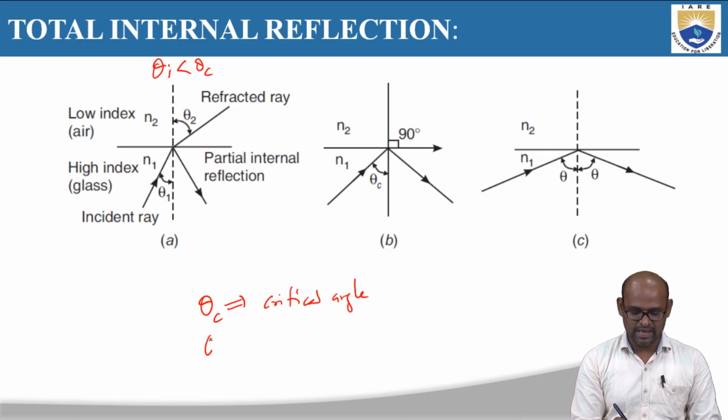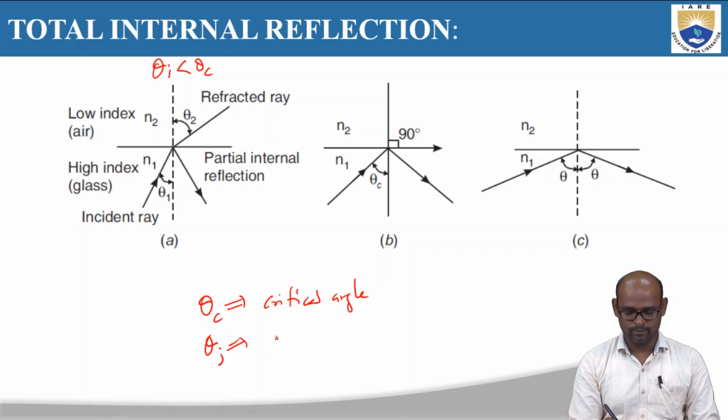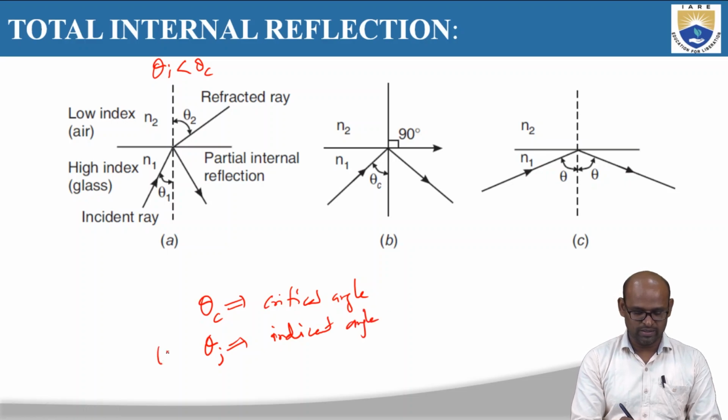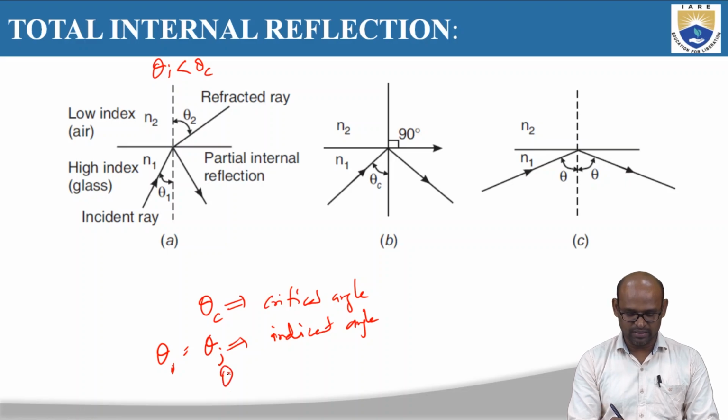Theta I is the incident angle, which is also written as theta 1 here. Theta R, or theta 2, is the angle of refraction, or refracted angle.